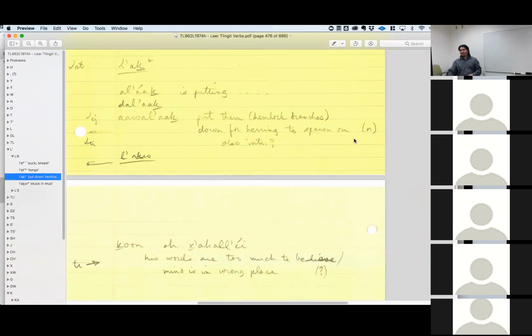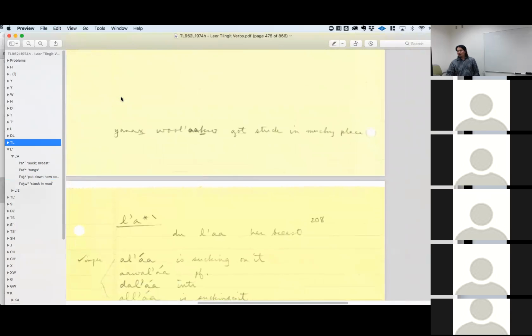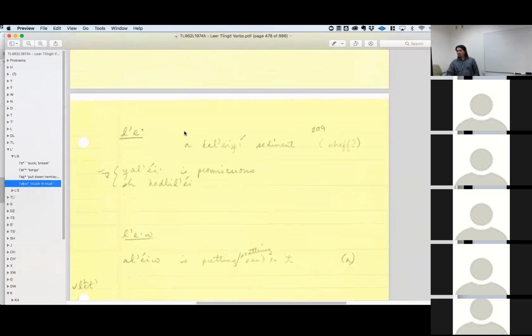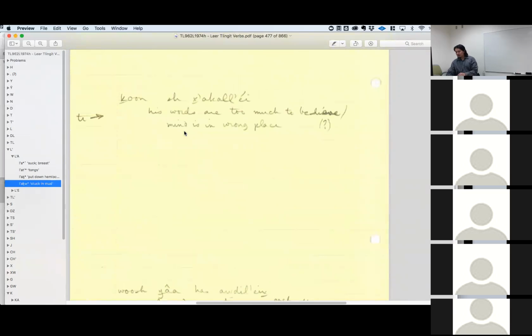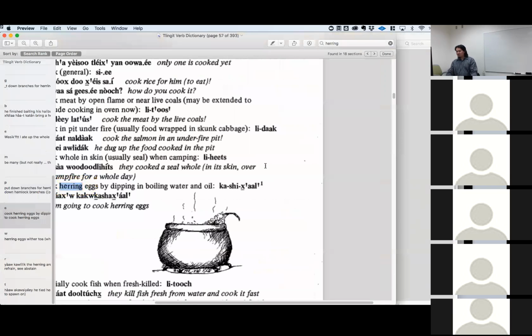So there you would guess, you would say nach'aq, put them into the water as a command form. I don't know if there's anything else with that verb. So that gives us awach'aq, to put down branches. And let's just keep looking for more herring stuff.